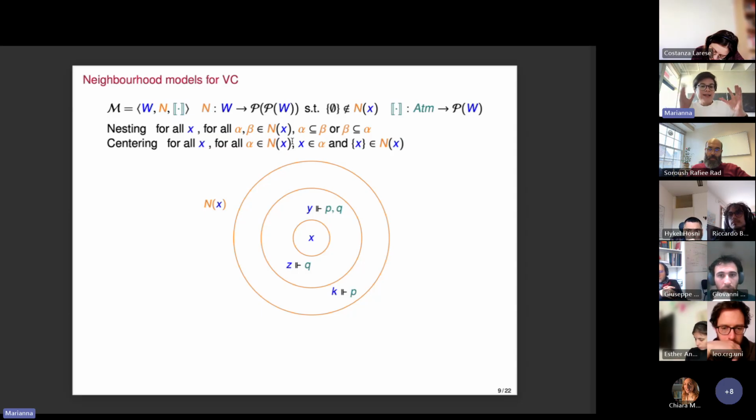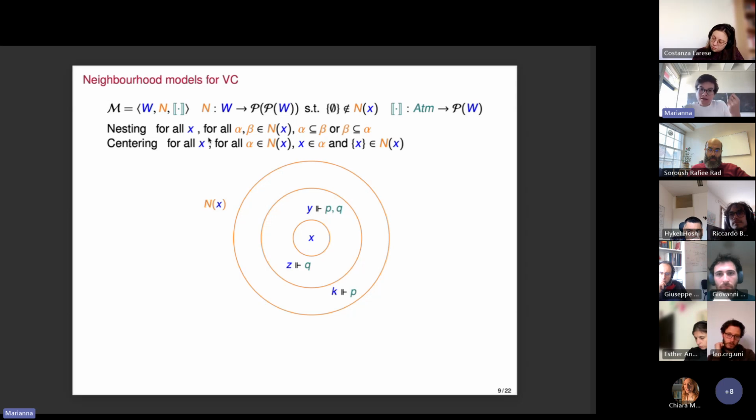And what's the intuition here? The intuition is that every neighborhood or sphere represents a degree of similarity with respect to the actual world. The farther away you go from the center of the sphere, the less similar the world becomes to the actual world.